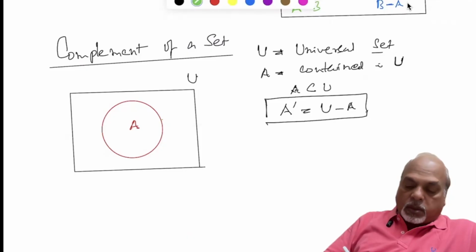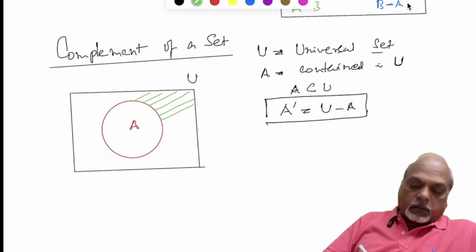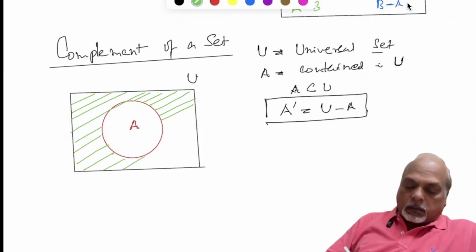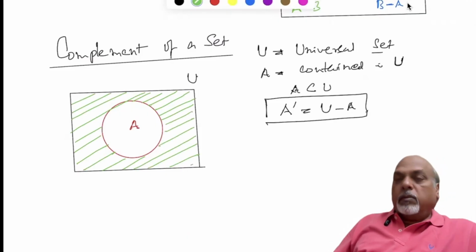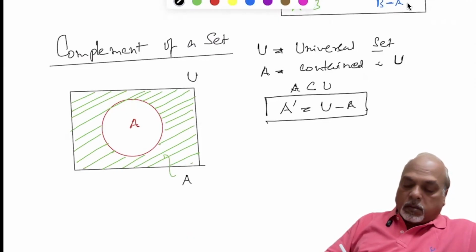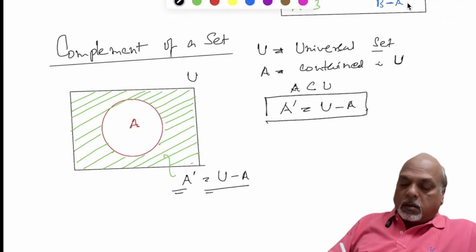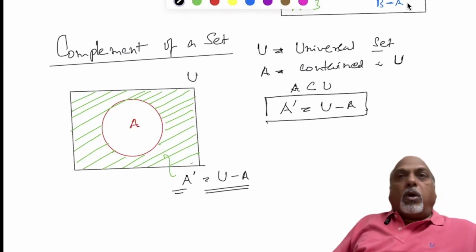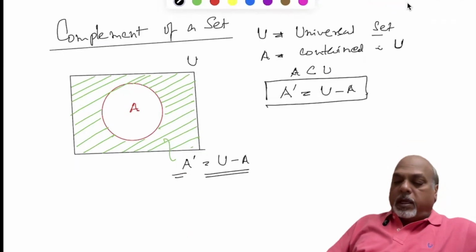Suppose I shade this portion, this portion is basically A dash, and A dash is nothing but U minus A. So this is the complement of A. Correct?